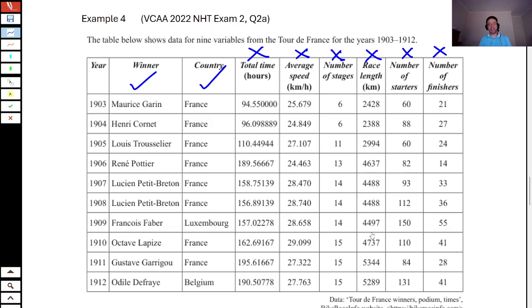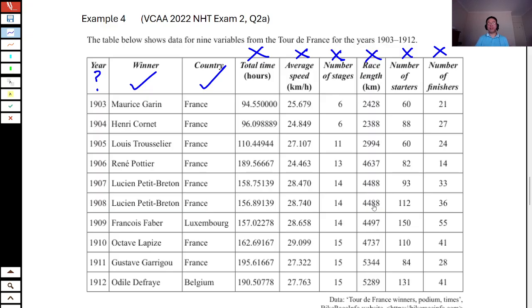But what about year? Is year a categorical variable or numerical variable in this context? Well, first question to ask, does it make sense to calculate totals or averages with the year? For this data set, not really.